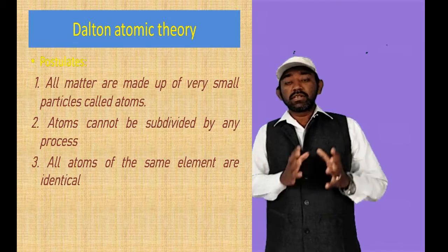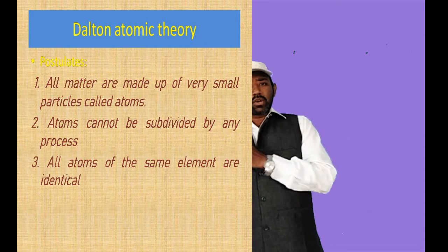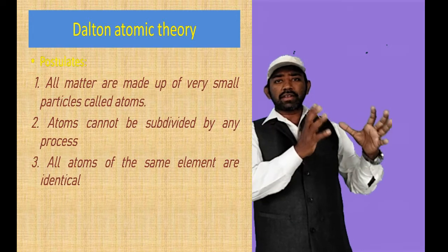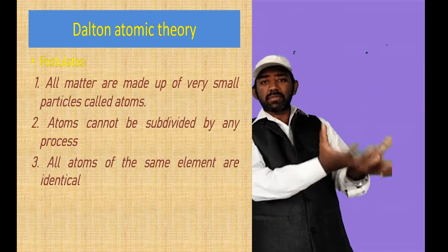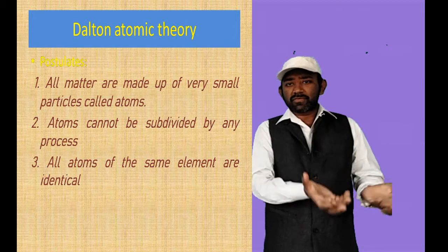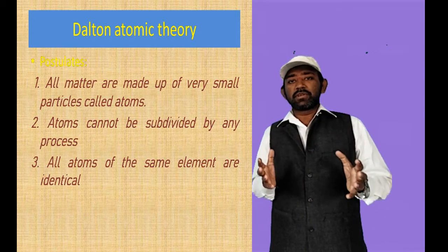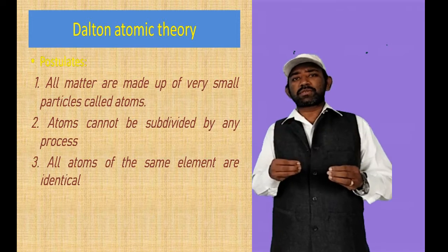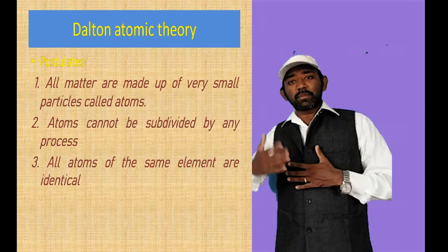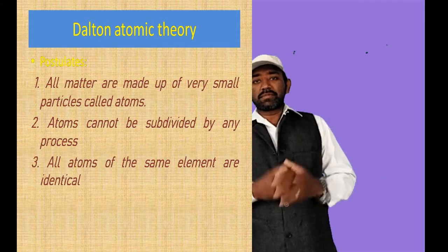For example, if we take hydrogen, oxygen, or carbon, all the atoms of the same element remain the same in size, physical properties, and chemical properties. These two postulates were given by John Dalton. So this is the first atomic model, which explains the atoms.